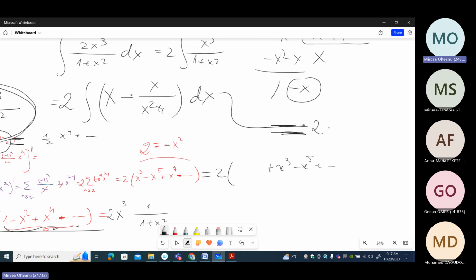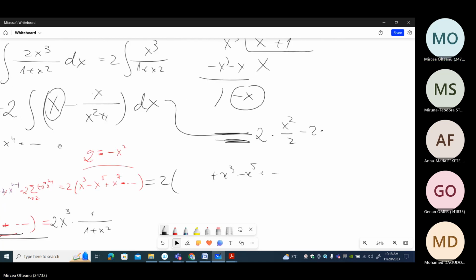It's 2 times the primitive of x, it's x squared over 2, minus 2 times the primitive of x over x squared plus 1. Actually, we shall take 2 in front. The primitive of 2x over x squared plus 1 is logarithm of x squared plus 1.